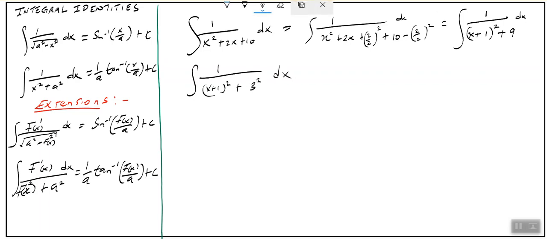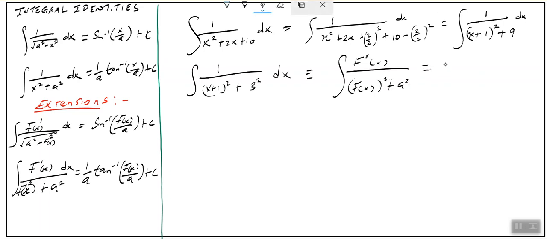Now, this looks like the second one. If I'm going to use the identity extension that I have here, it says f prime of x divided by f of x squared plus a squared.